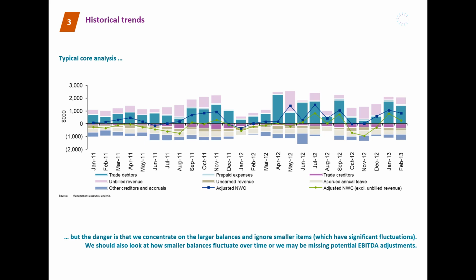Now you might have another set of the numbers even below that where you'd do your normalizations and pull out your one-off non-recurring items and any other adjustments that you're doing to get to your adjusted net working capital.